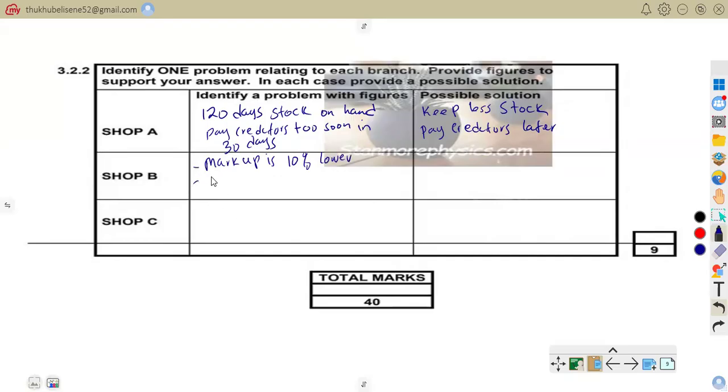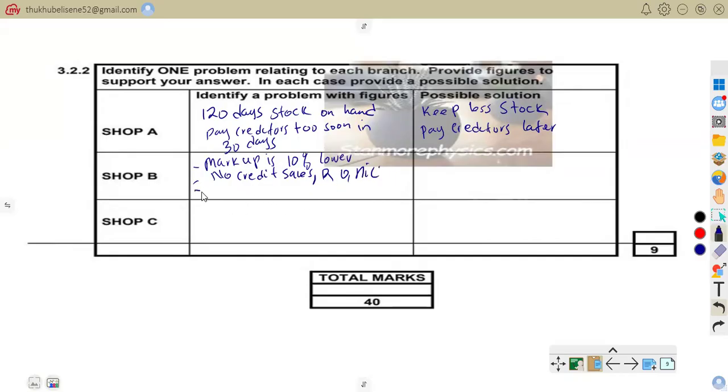Also, we have said no credit sales. No credit sales, because you have seen that we have what? We have zero, nil. So that is what we are saying is a problem.